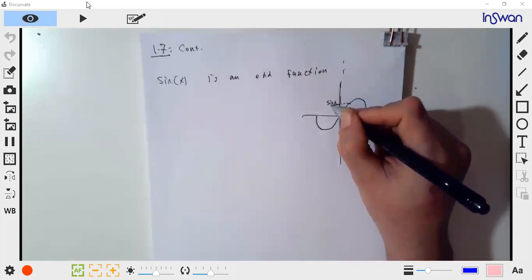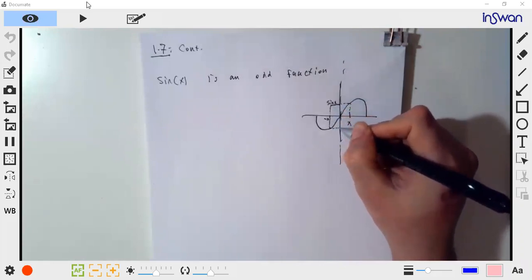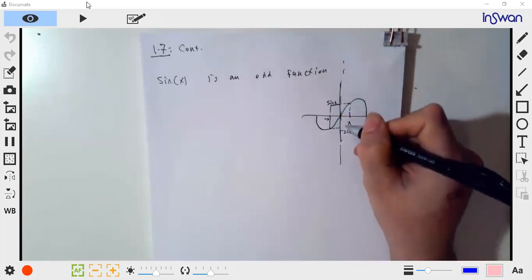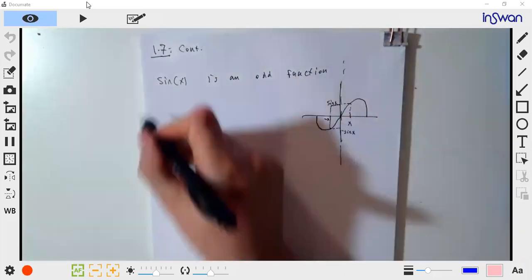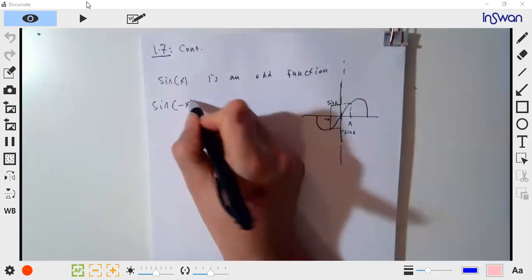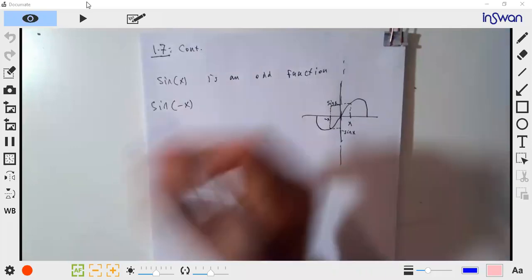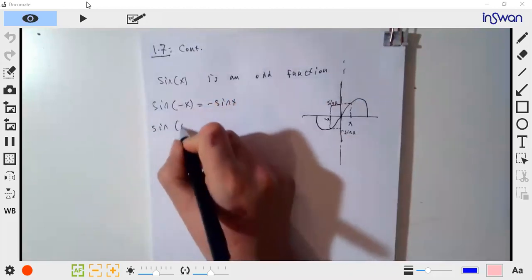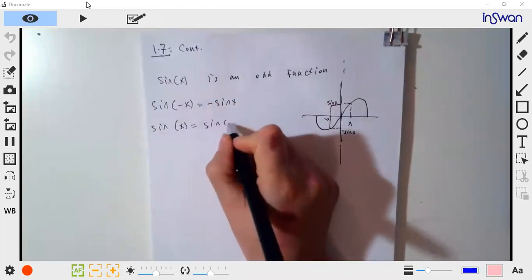And then over here, this is negative x. Notice that this right here is your negative sine of x. So that means that sine of negative x is equal to negative sine of x.